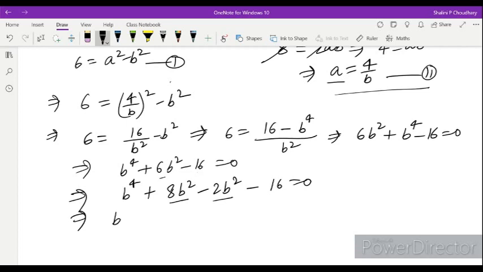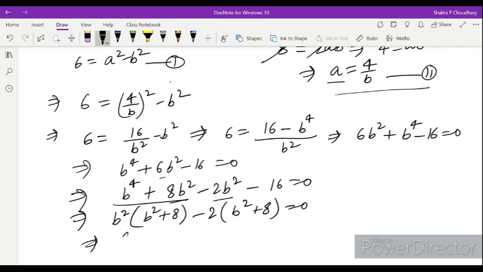Now here we'll take b square common, so we'll get b square plus 8, and minus 2 taking common, b square plus 8. So this way it will be b square minus 2 into b square plus 8 equals 0. Okay, so two values we will get for b.